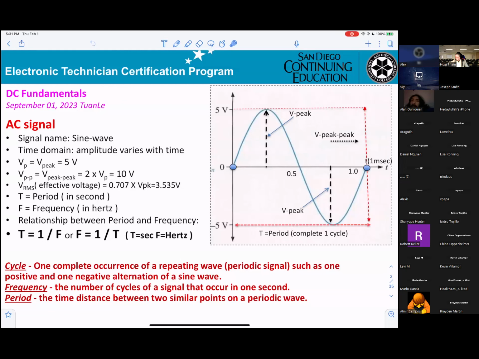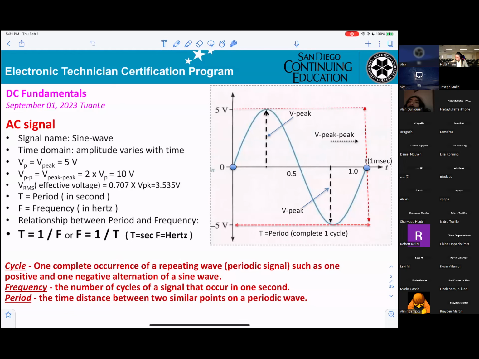Now, this is a basic definition. Try to read it. What is the cycle? One complete occurrence of a repeating wave, a periodic signal, such as one positive and one negative alternation of a sine wave.